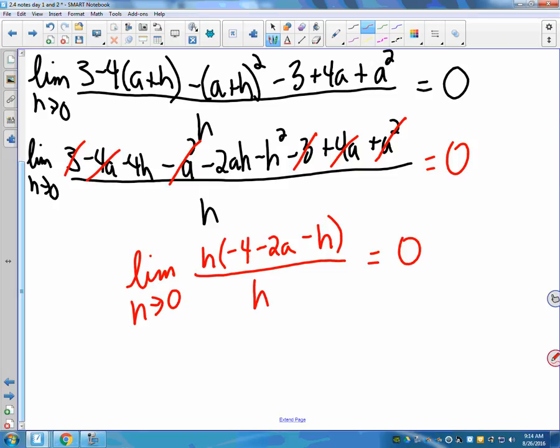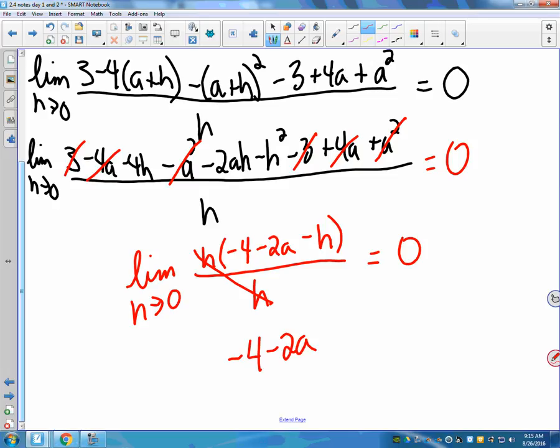So I'm taking the limit on this side. So I cross those h's out, and when I plug 0 in for h, what's left with h? Do I just get negative 4 minus 2a? Because the other h is just 0. Crossed out the other h's. That would be my equation for the slope of the tangent.